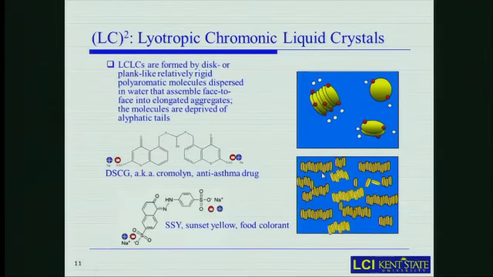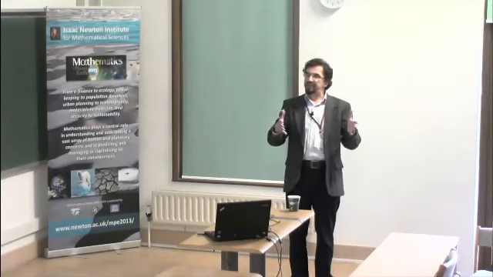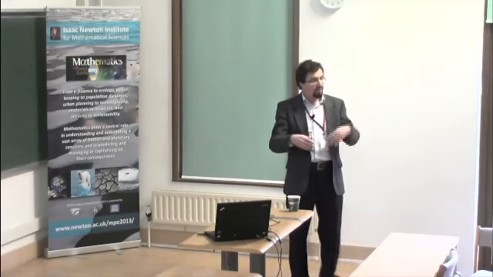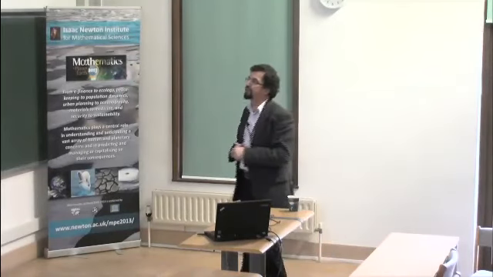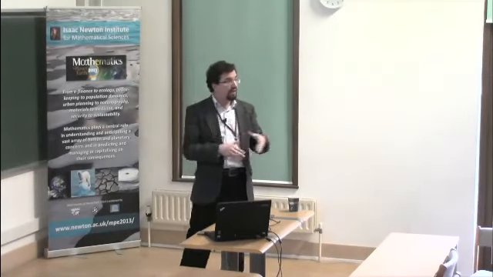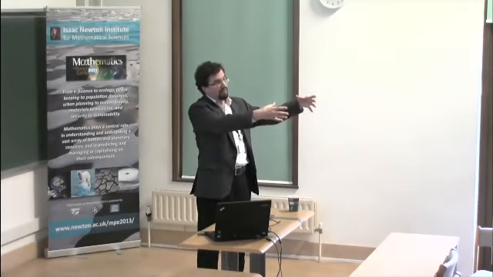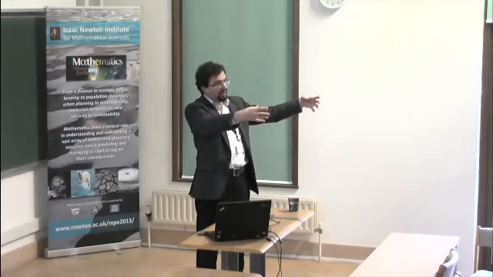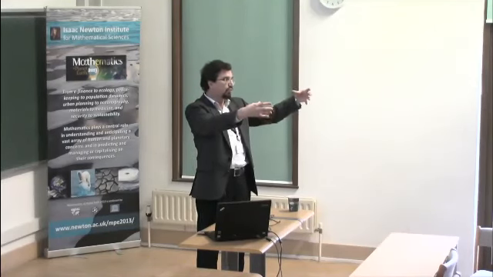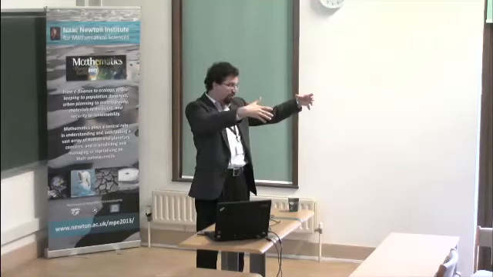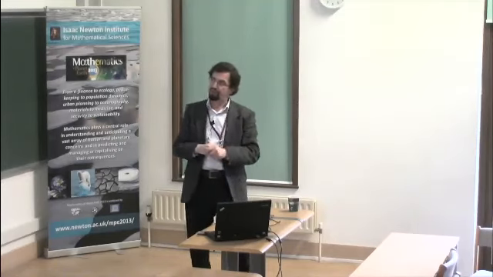So the lyotropic chromonic liquid crystals are yet another twist in the story of lyotropic systems. Here you have aggregates as the built-in units of the nematic phase, and these aggregates are not fixed. If you compare this material to the tobacco mosaic virus, in the virus case, each particle is a covalently bound entity that is very hard to break, and you change the temperature a little bit, nothing happens to the virus.